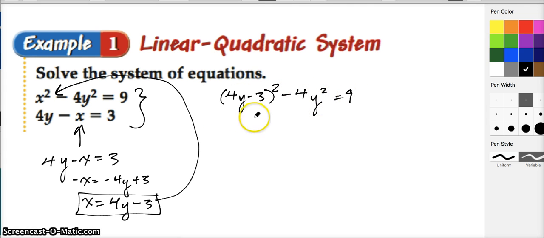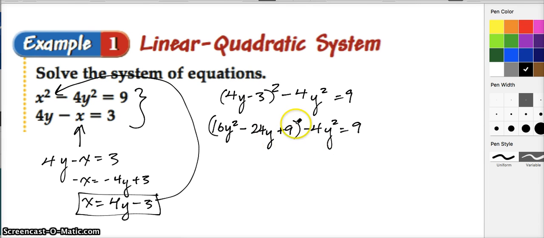Now I've got to do a little bit of work, but this is just a perfect square trinomial, and I can multiply those pretty fast. That's going to be 16y squared minus 24y plus 9. If that didn't make sense to you, just FOIL it out: multiply 4y minus 3 times 4y minus 3. Then I'm going to subtract 4y squared, and that equals 9.